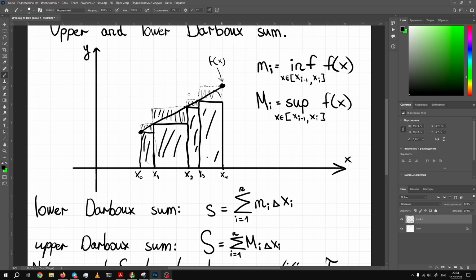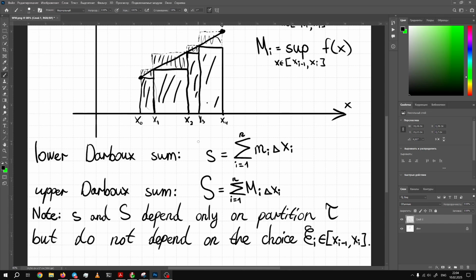And it is really important to note that small s and big S depend only on the partition tau. That means they depend on how many points we take in our interval, and they do not depend on any other choice, because the supremum and infimum are unique.